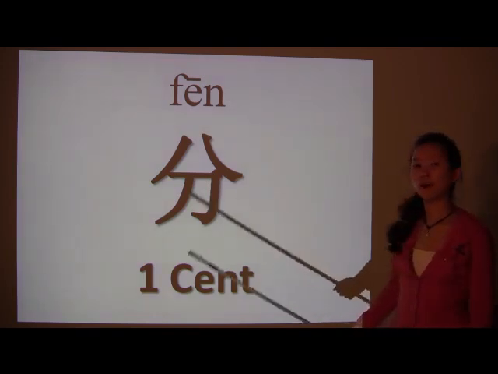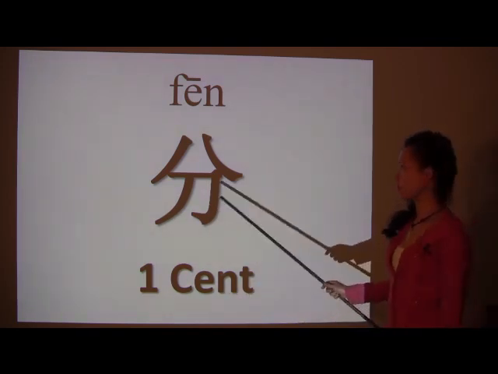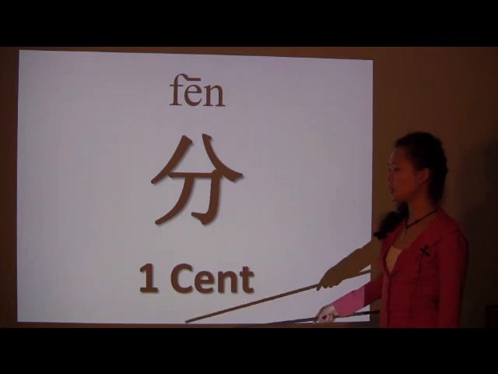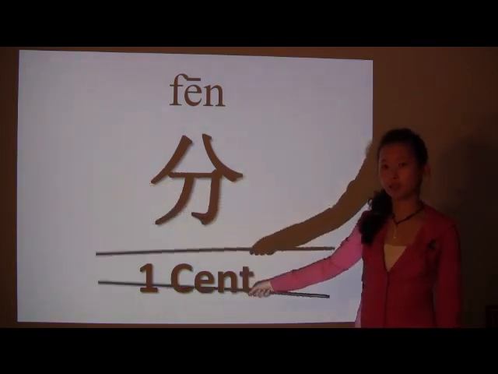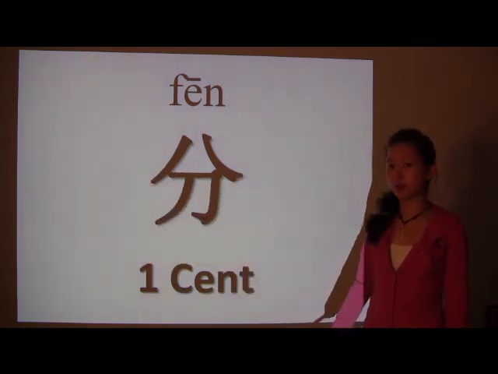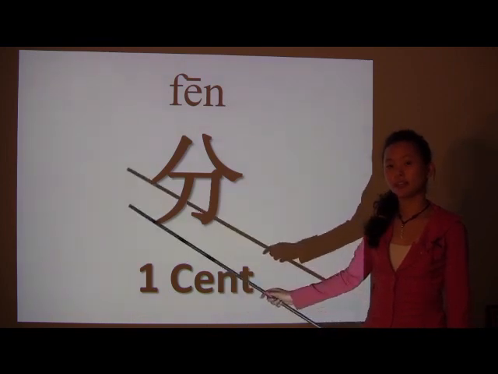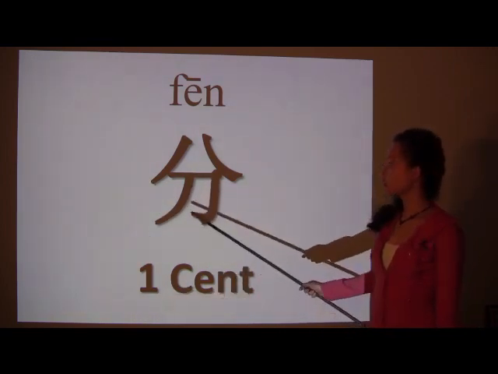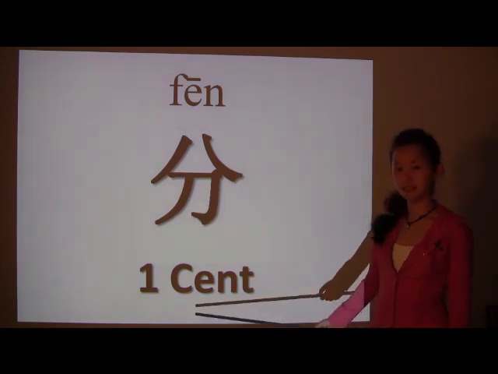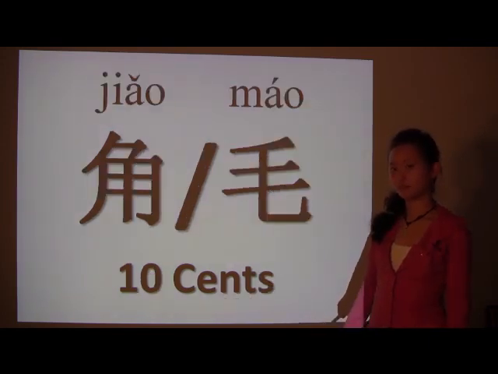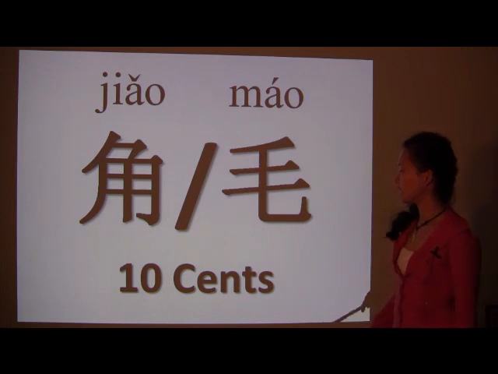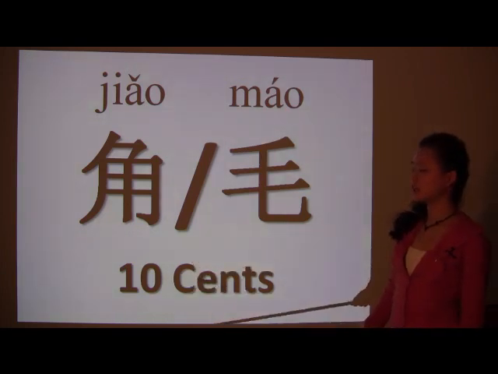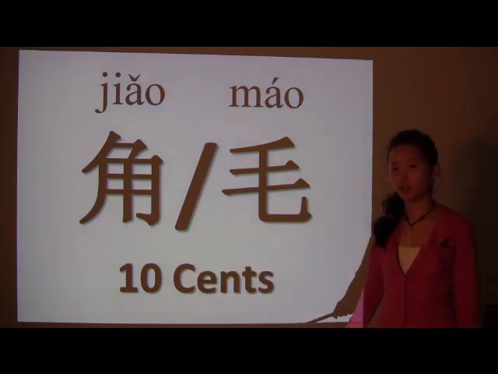And 1 cent is 分. You could put the number 1 before to make it really clear. That way, you would be saying 一分 for 1 cent. 分 is cents. If you want to say 10 cents, you don't use 分 anymore.